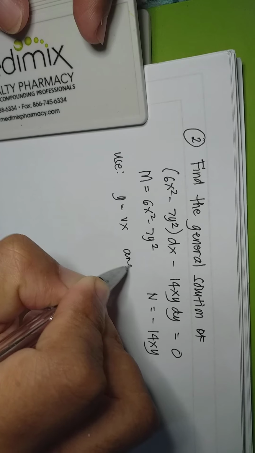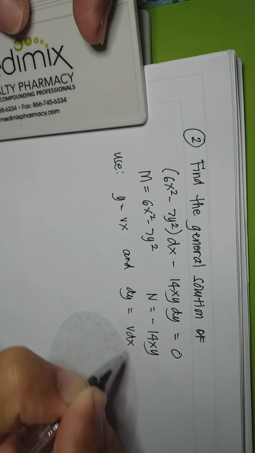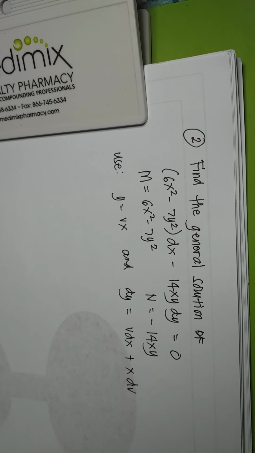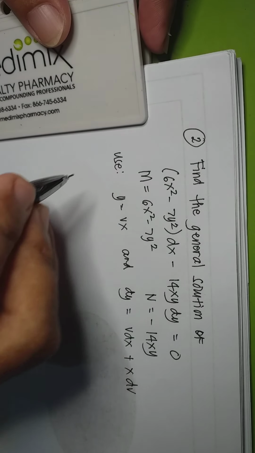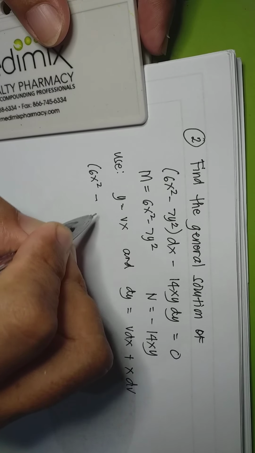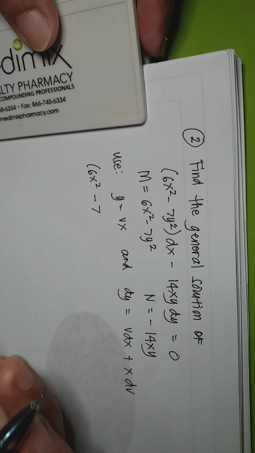Okay? Now, since M is simpler than N, obviously, we have to use the relation y is equal to vx and dy is equal to v dx plus x dv, and substitute these values in the original equation. So we have 6x squared minus 7y squared, but y is equal to vx.